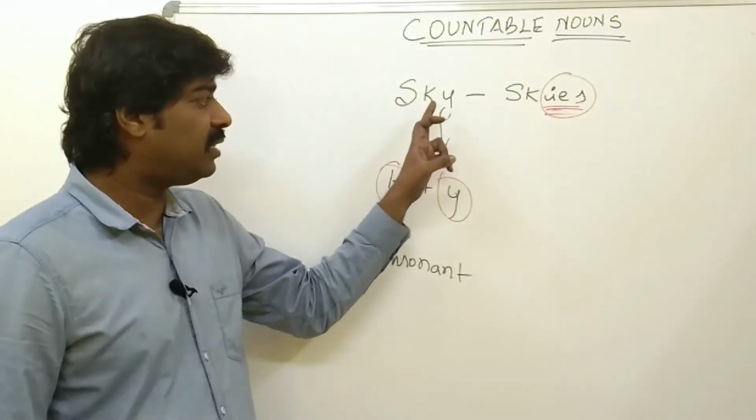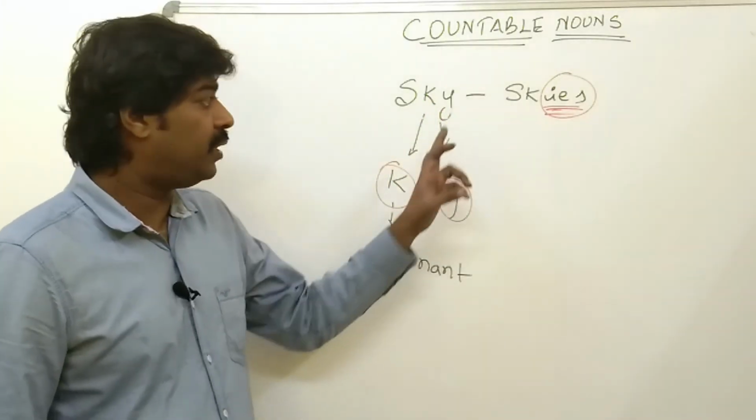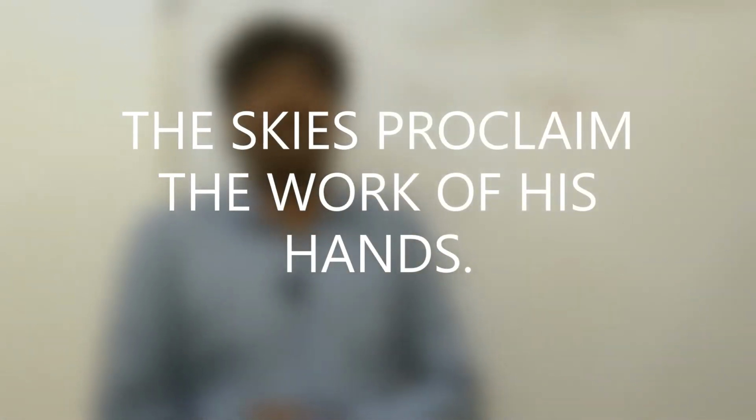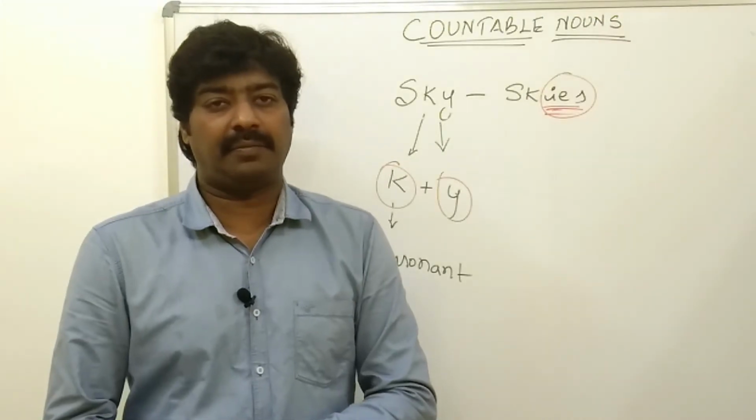If the word ends in a consonant plus y, then y changes to ies. The skies proclaim the work of his hands.